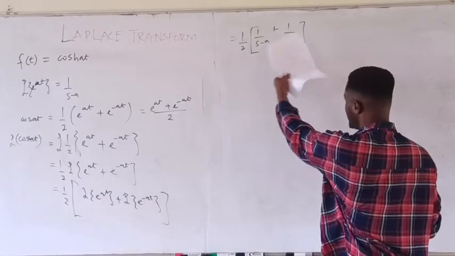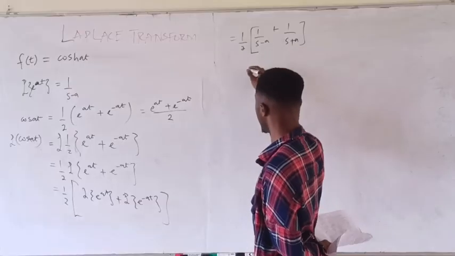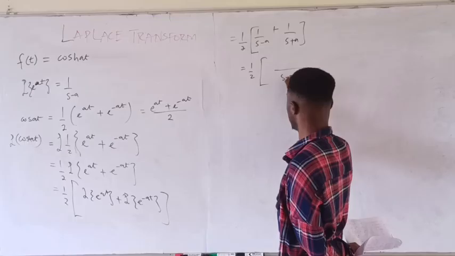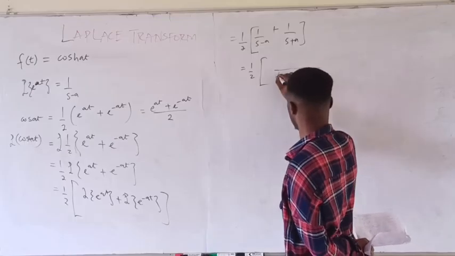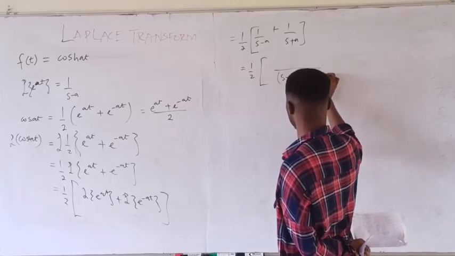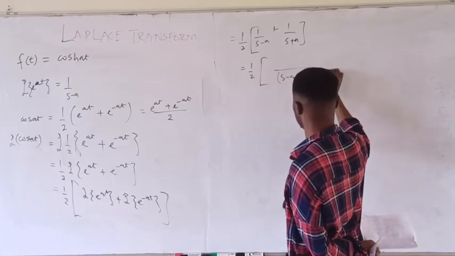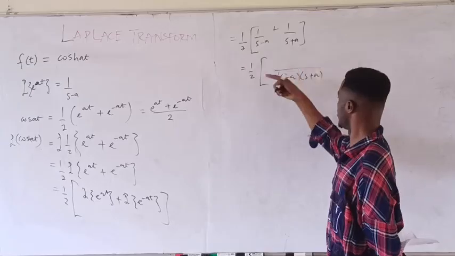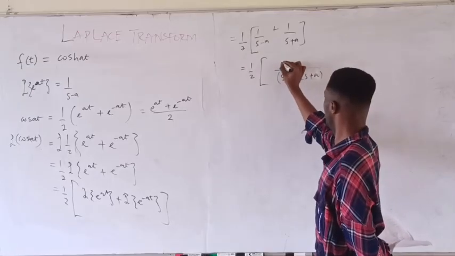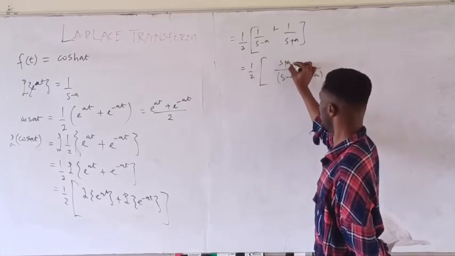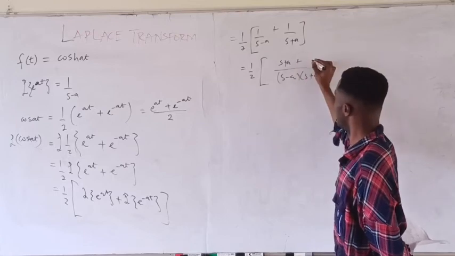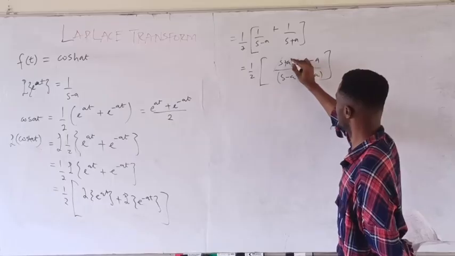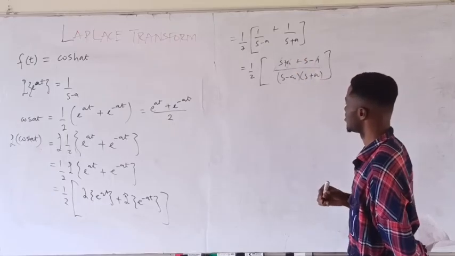So if I add what I have inside my bracket, I have 1 over 2 into, s plus a plus s minus a. So now a can go, so I have 2s remaining.